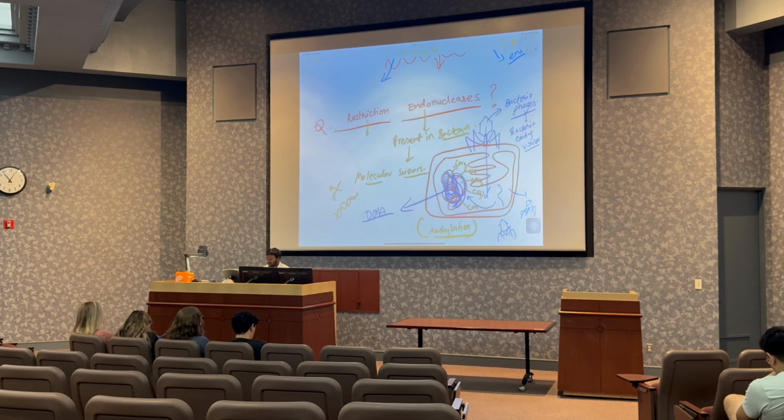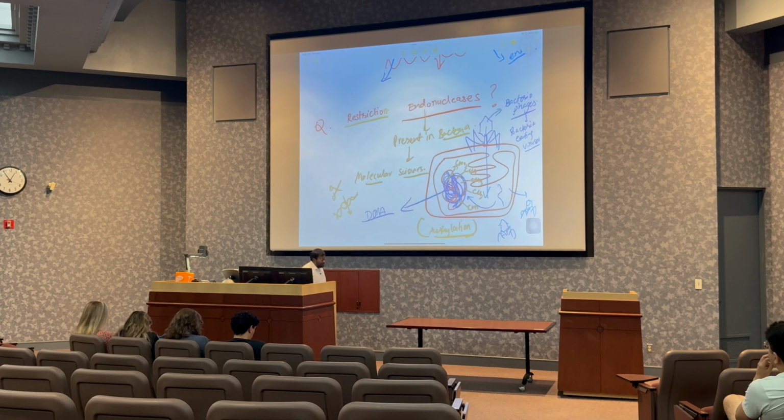That's why they are called restriction endonucleases. Why endo? Because they chop the DNA somewhere in the middle. That's why they are not exonucleases but endonucleases. They restrict the growth of bacteriophages, that's why they are called restriction endonucleases.